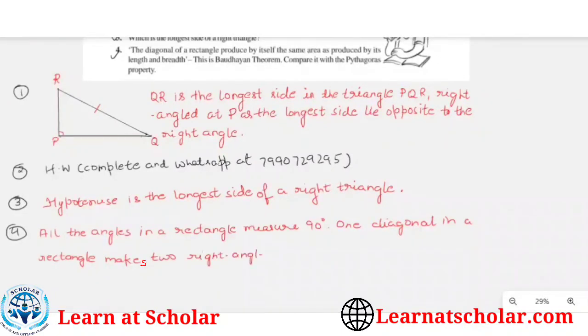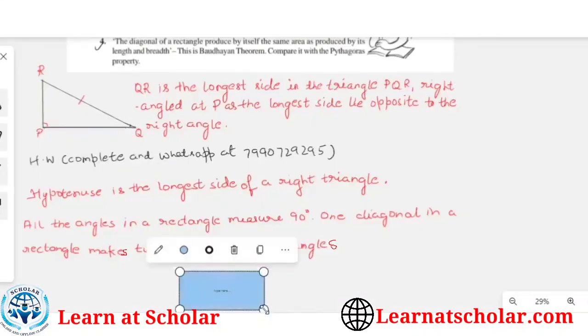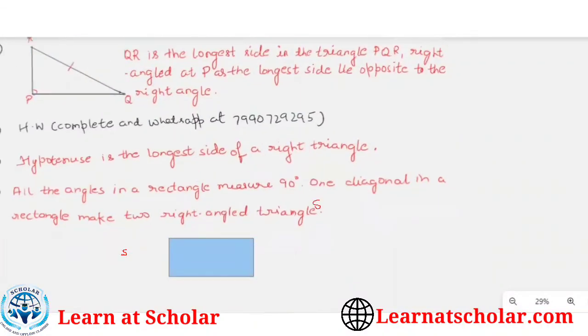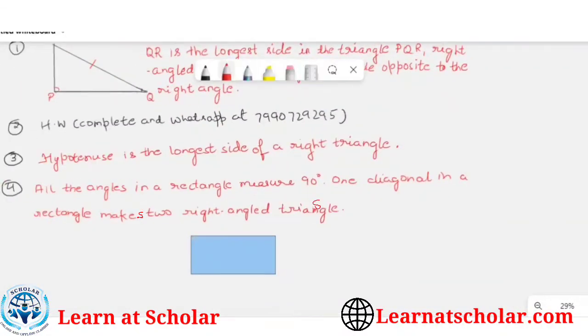Let me draw the rectangle. This is a rectangle. Let's draw a diagonal. This is a diagonal which is dividing the rectangle into two triangles, and both are right angle triangles.